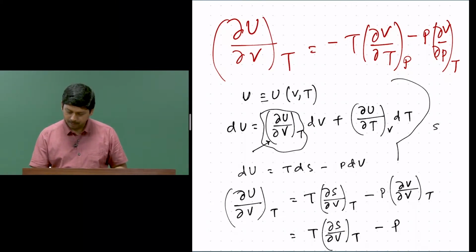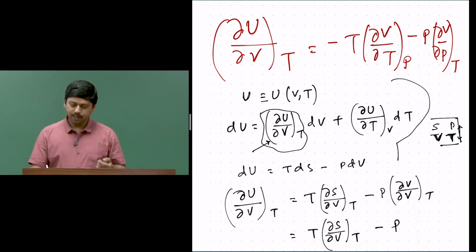When you write it as S, P, T, V, then del V by del T at a constant P is nothing but minus del S by del P at a constant T. So, somehow we need del S by del P, and then del V by del P of course will not come, but you see we need a derivative with respect to P, not with respect to V. We need it with respect to P in order to get that. I think the question may be wrong, we will just check.